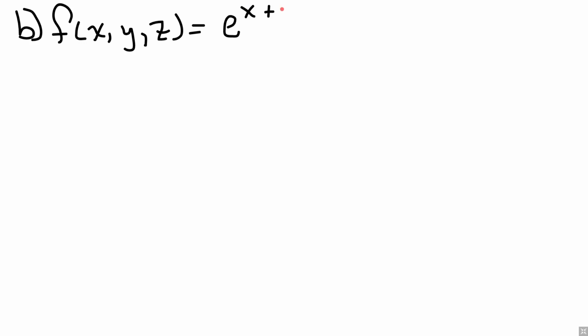Next, we have this. We have f of x, y, z is equal to e to the x plus y times the cosine of z. So what would be the domain of this function?